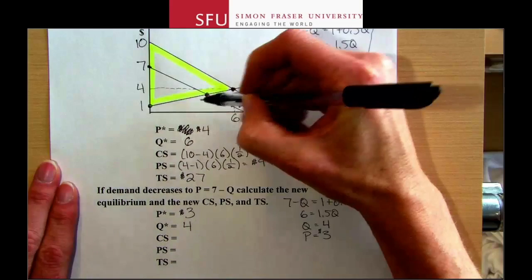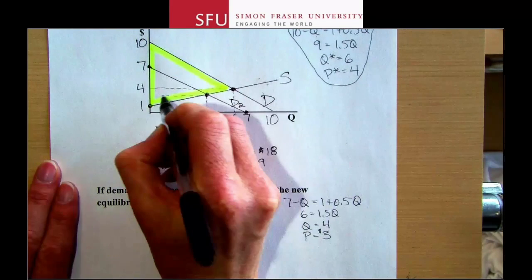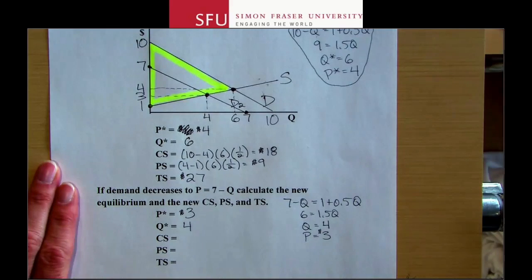All right, so the new quantity will be 4. And the new price will be 3.